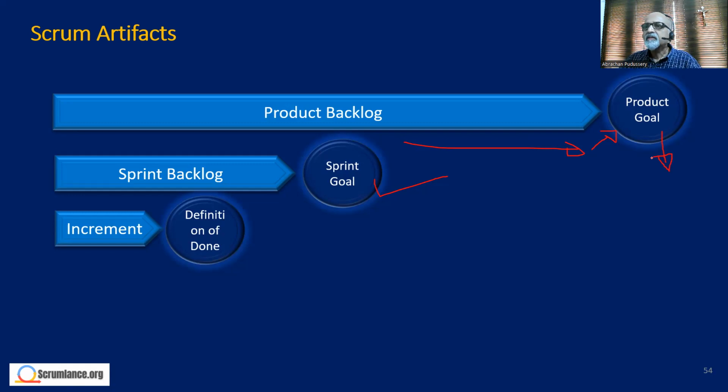Then the product increment. During the sprint, the product gets incremented. That means the user stories or the product backlog items get implemented during the sprint, and whatever meets the criteria of the definition of done is considered as part of the increment.